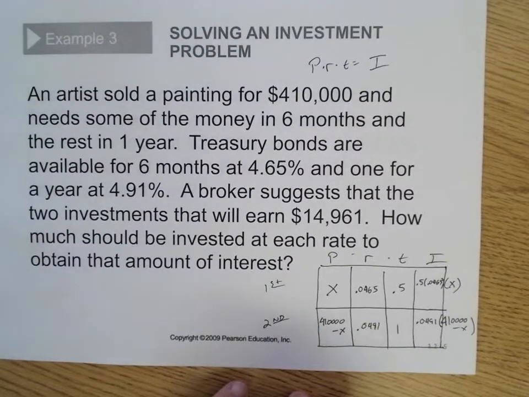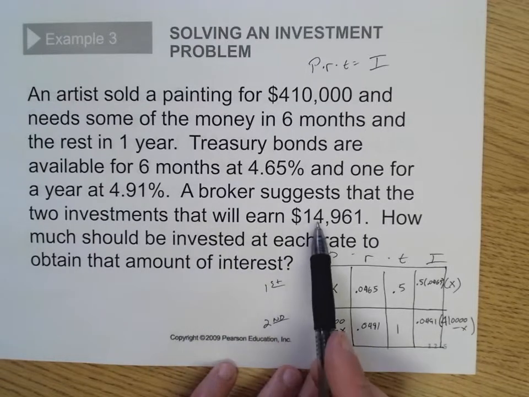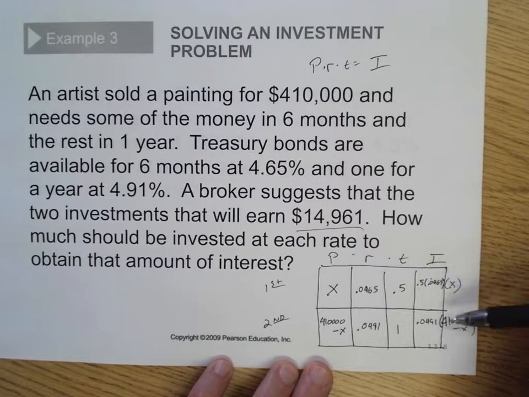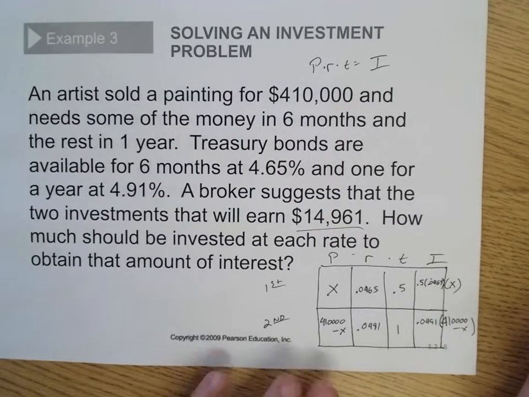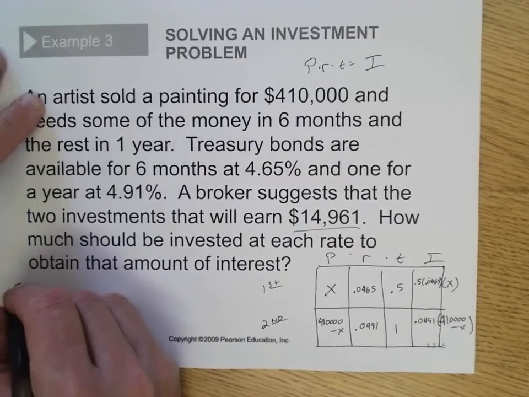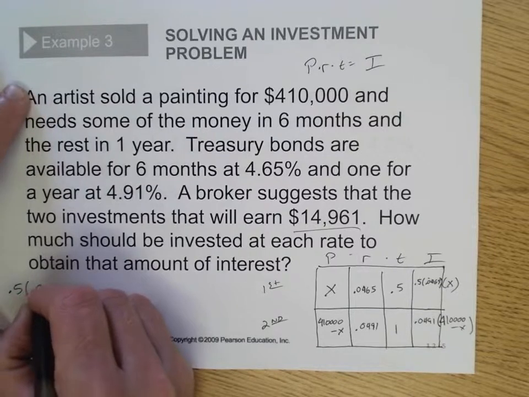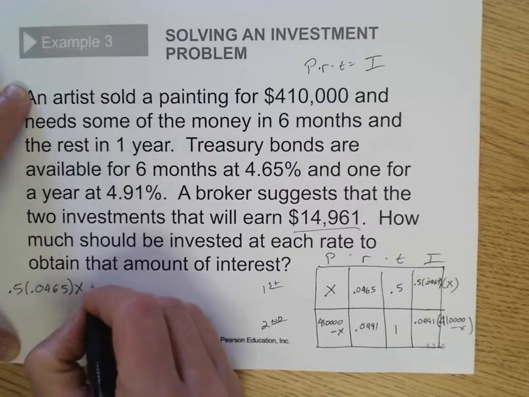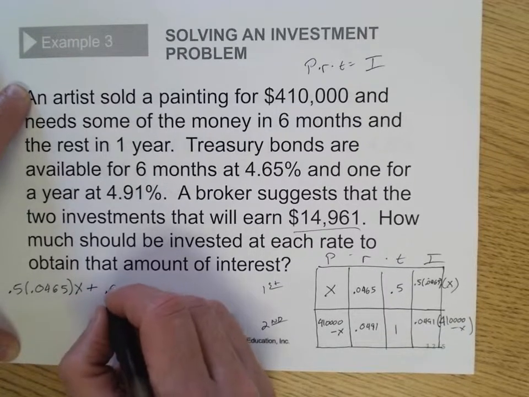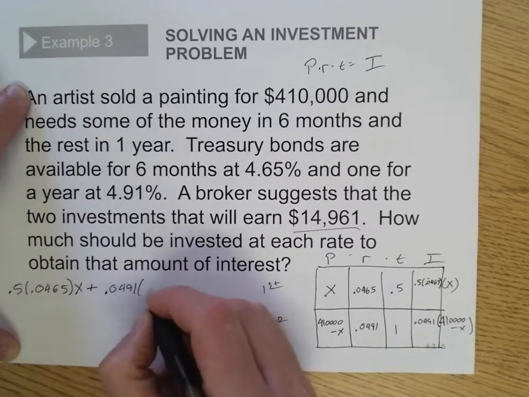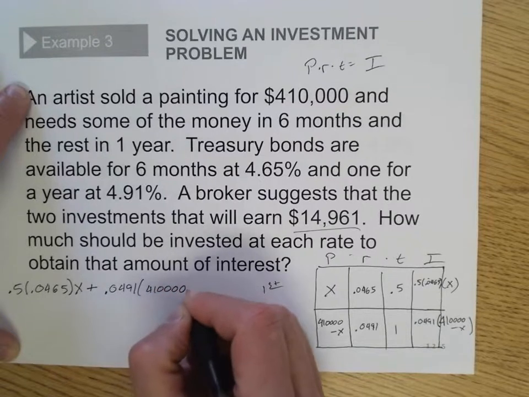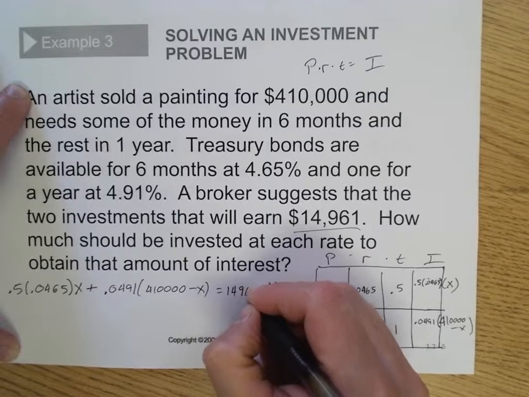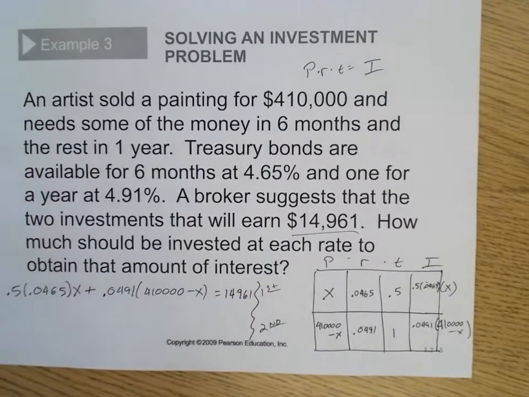So the equation is that the total interest is going to be 14,961. We're just adding these 2 together, setting it equal to that. So I have 0.5 times 0.0465 times X plus 0.0491 times 410,000 minus X equals 14,961.